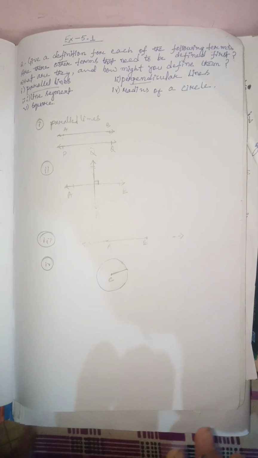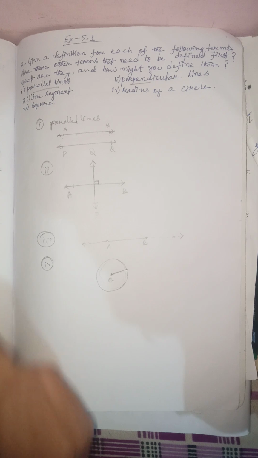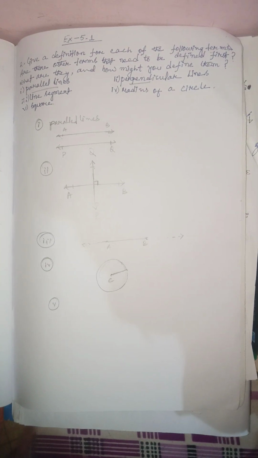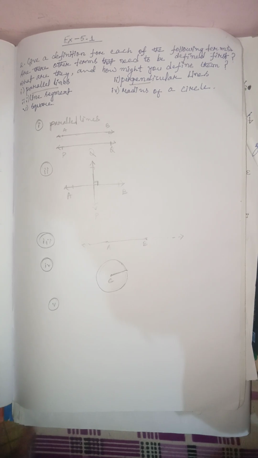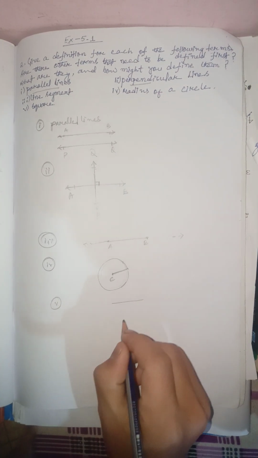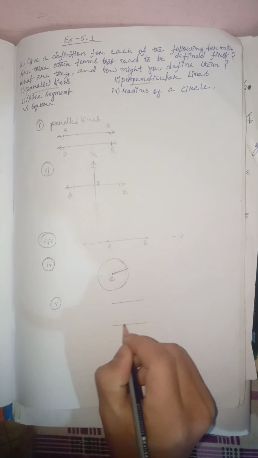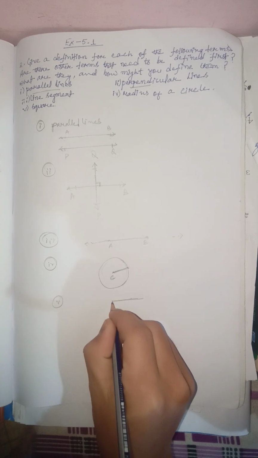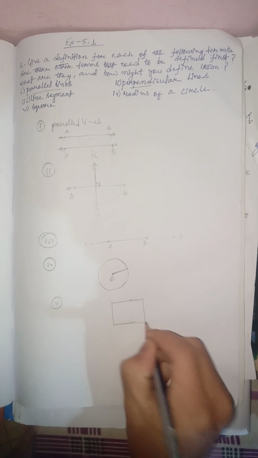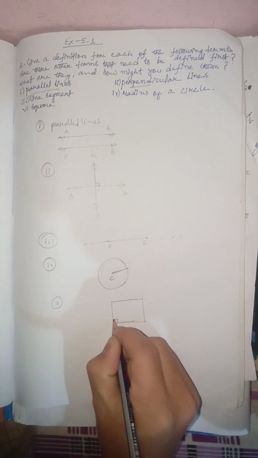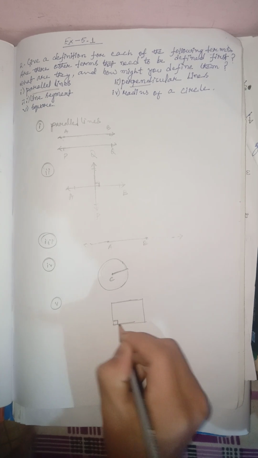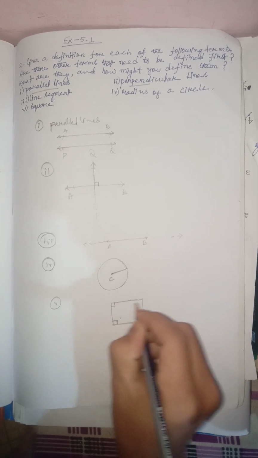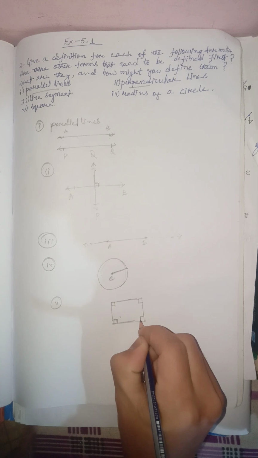Clear? Then let me move to the last, which is a square. In a square, the opposite sides will be parallel, and the angles in this quadrilateral will be 90 degrees, this one 90 degrees, and this one 90 degrees.